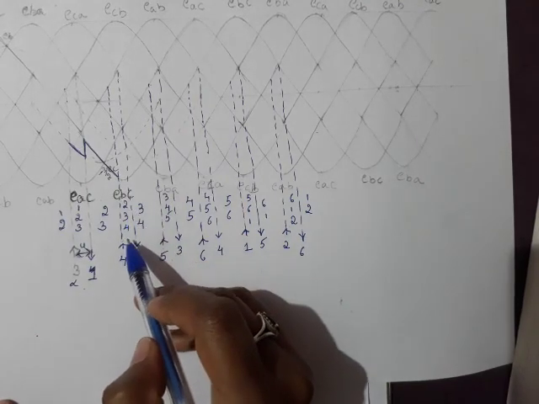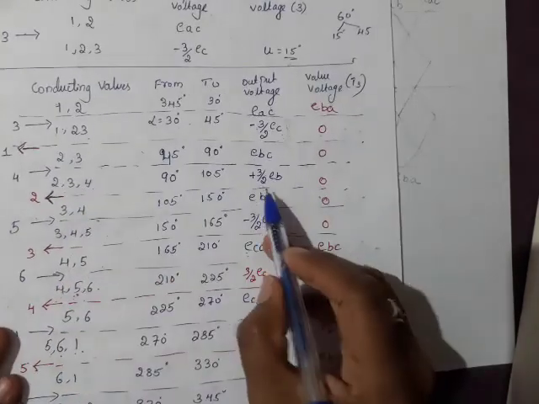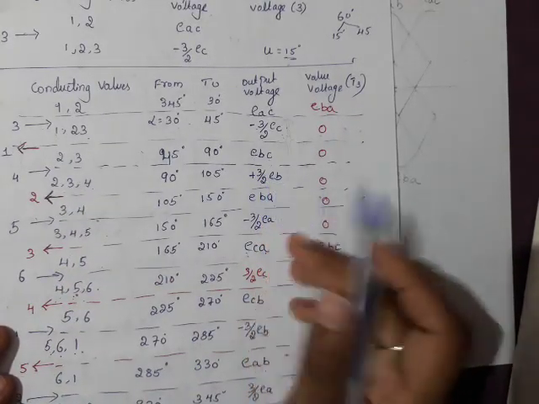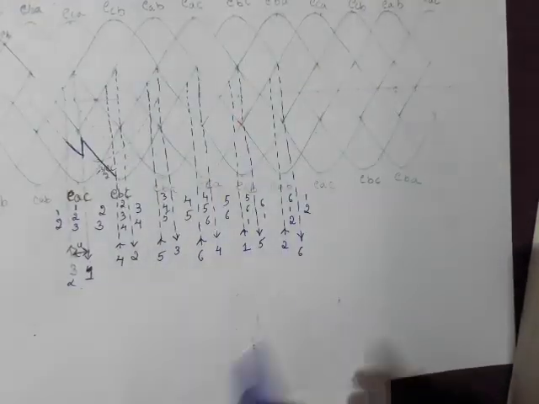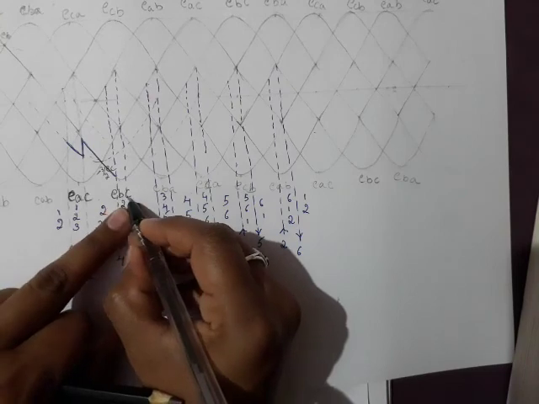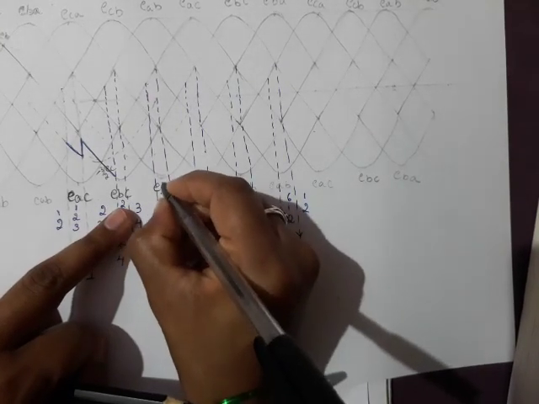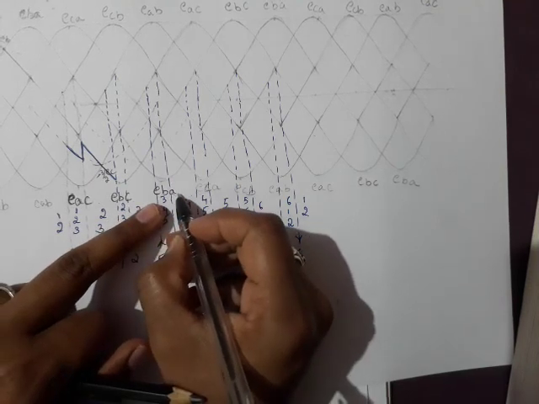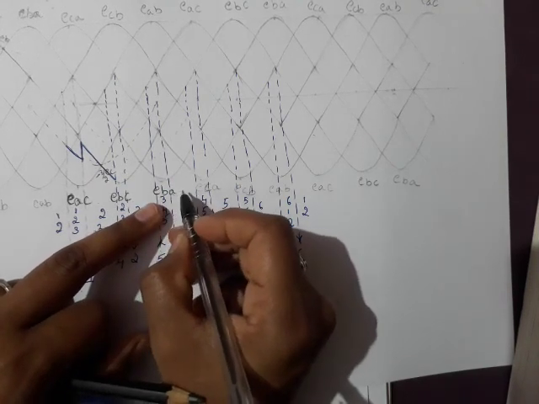We have 2, 3, 4 conduction. My voltage is 3 by 2 times of EB. That is positive, plus 3 by 2 times of EB. We have to look for plus EB. So see here. Here we have EBC. This is EBA. Means this is EB minus EC, EB minus EA. We got the positive B voltage.